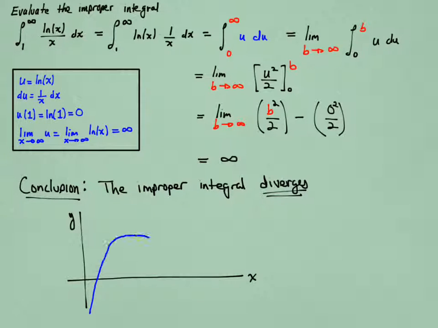Let's draw a picture of this curve. There it is. As x approaches 0, you're going to see this logarithm drive the function down towards negative infinity. When x is equal to 1, the log is 0, so we're seeing this x-intercept right at 1, and that's where we're starting our integration.